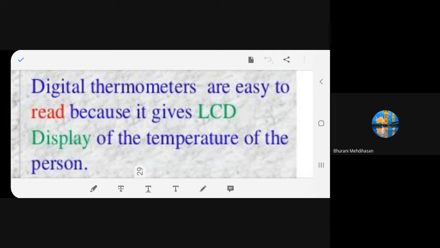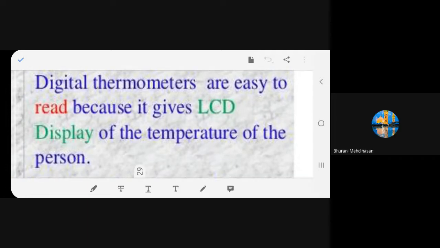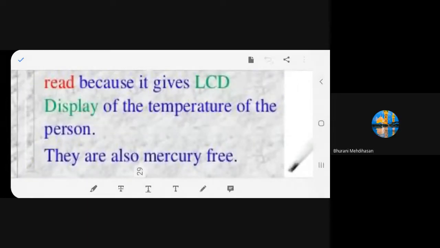LCD LCD. display Oh, of the thermometer. Read thermometer properly, of please. Read properly. ma'am You're two reading person as are if, reading. ah, beta? Yes? There are also mercury free.